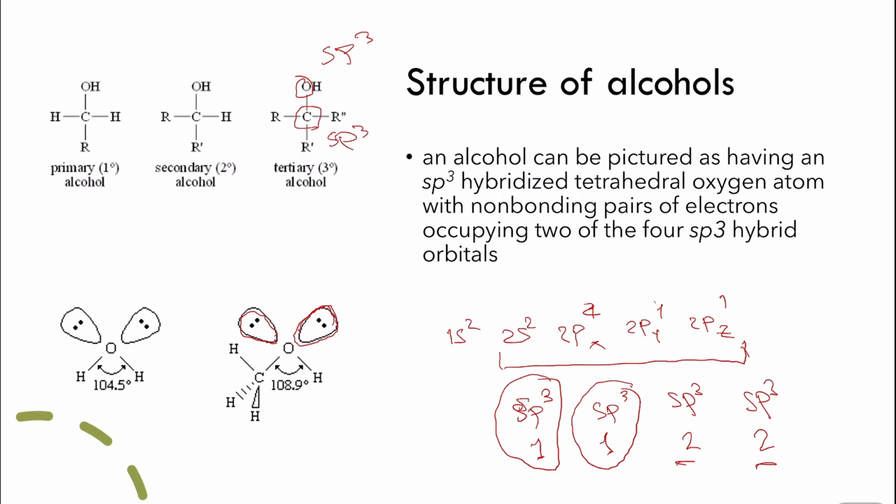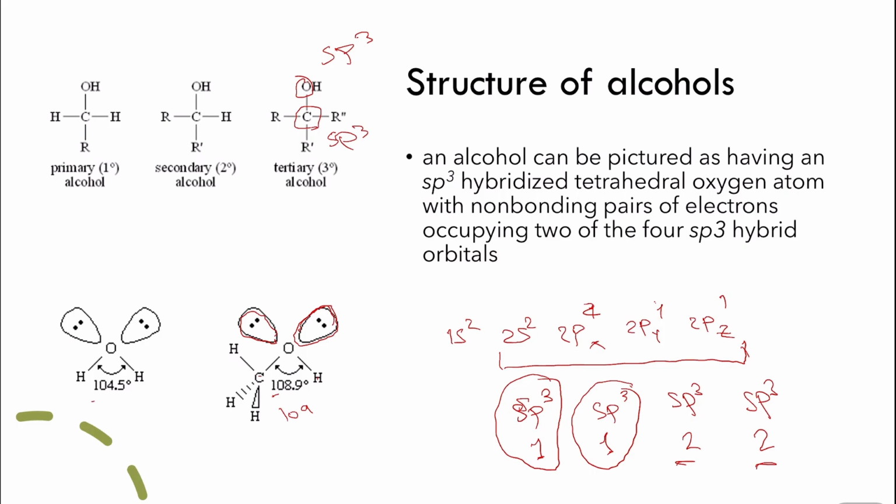And the angle between the hydrogen, oxygen, and the carbon is 108.9 degrees, almost 109 degrees. For water, which is the simplest alcohol we can talk about because it doesn't have any carbon, the angle here is 104.5.